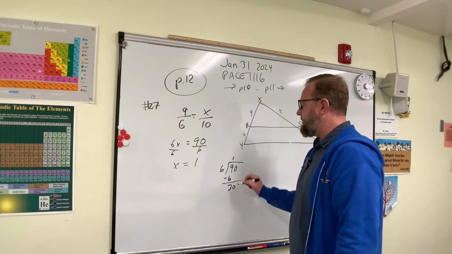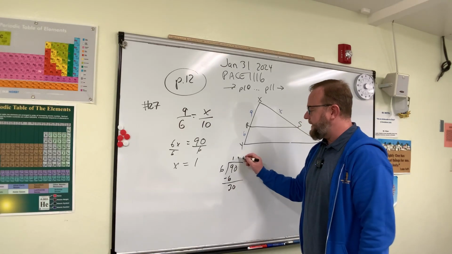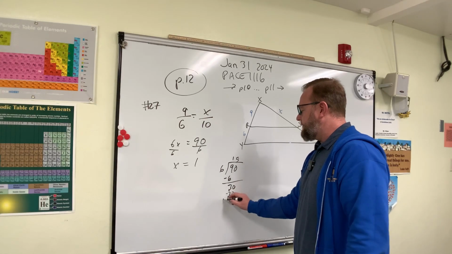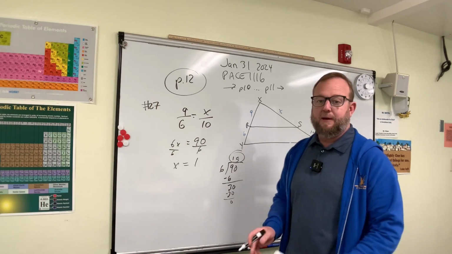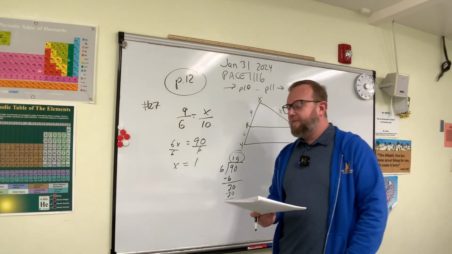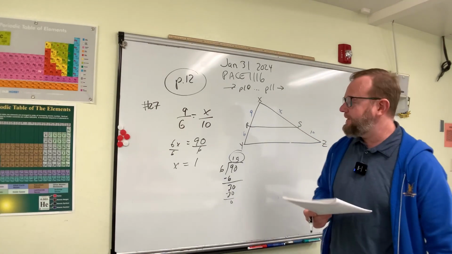Subtract that and left with 30. 6 goes into 30 5 times. 5 times 6 is 30. Subtract that and left with 0. 15 is my answer. Right? Long division. You have a cheetah that you can use to help find that should you have trouble.